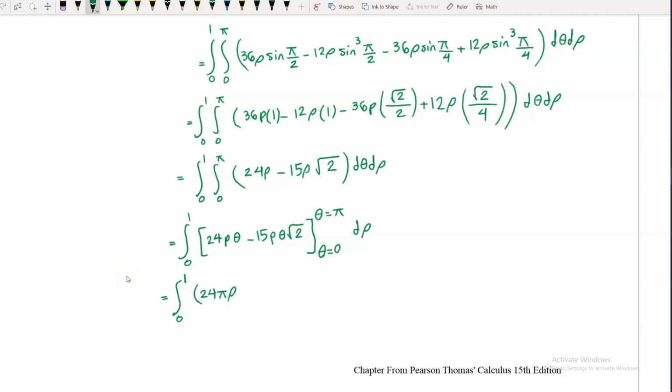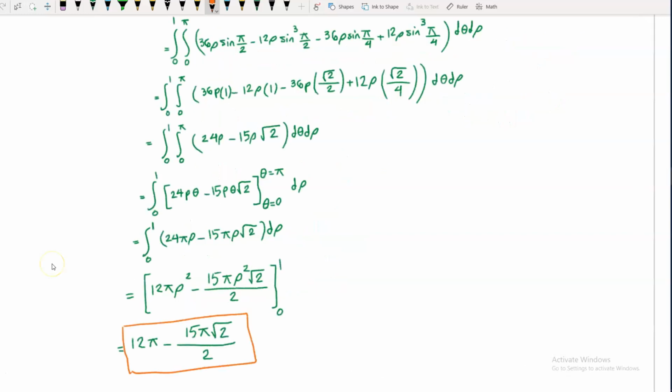So this is the same as before, but in this case we have rho, and then minus 15 rho, and here we have theta is pi, rho square root of 2, and then we have d rho, and finally integrate with respect to rho.